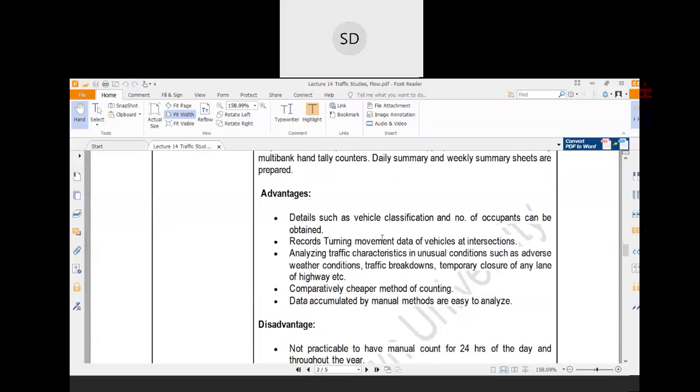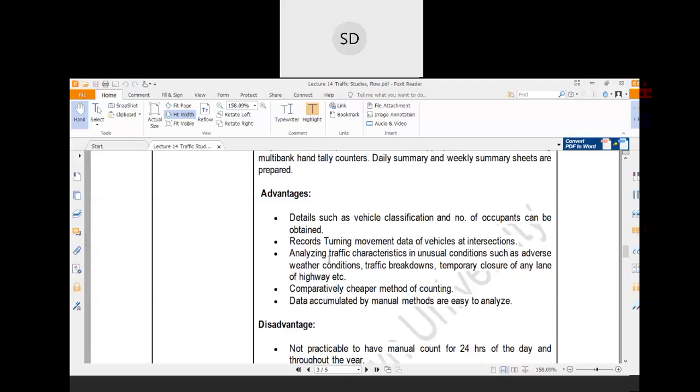Now, what are the advantages of the manual count? You can collect different details through the manual count. Details such as vehicle classification and number of occupants can be obtained. Records of turning movement data of the vehicles at the intersection can also be collected. Turning movements means which vehicles are moving in which directions in an intersection.